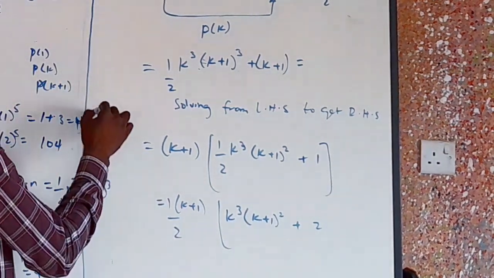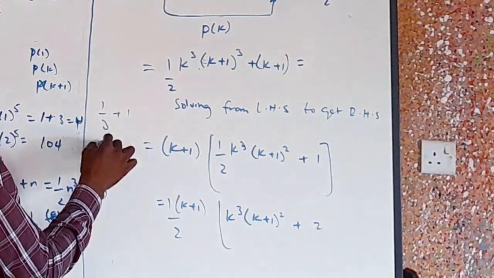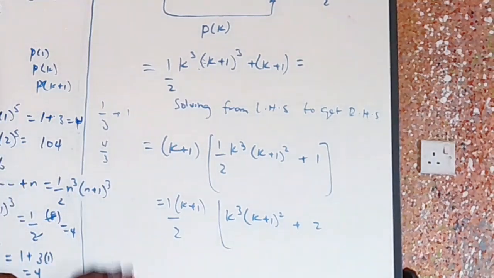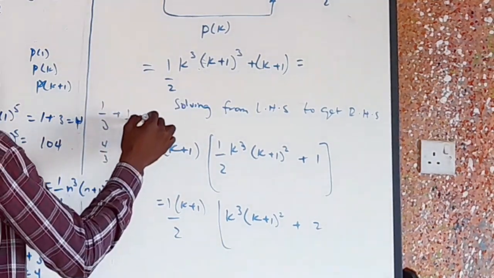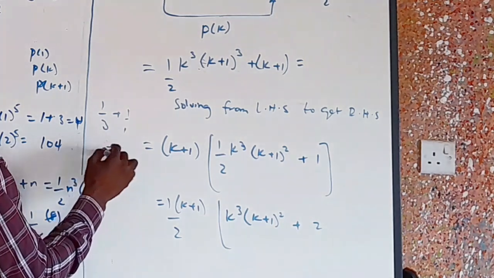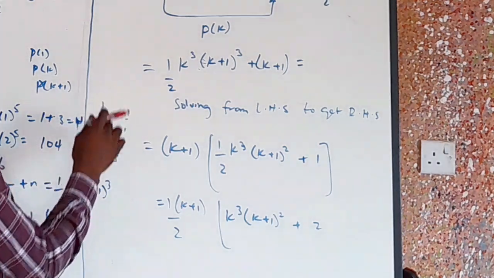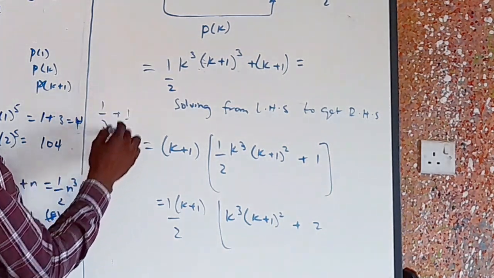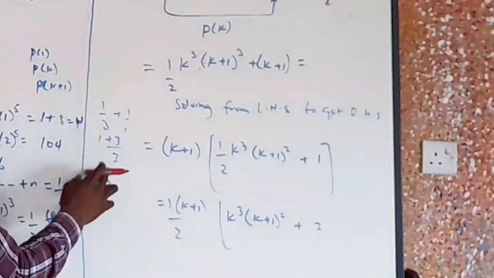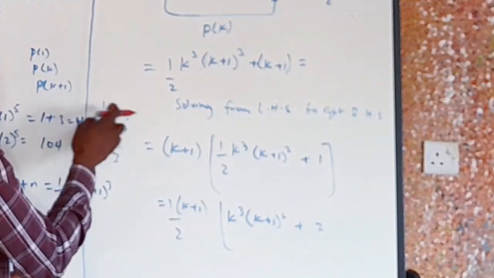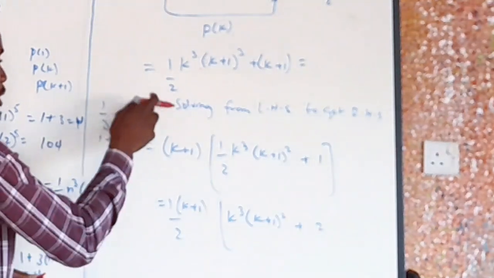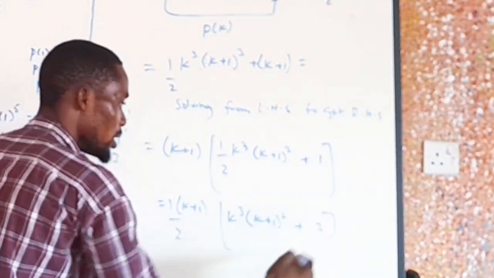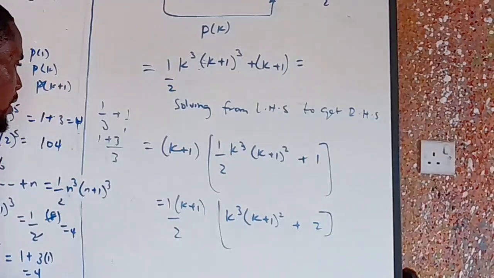Because if I said I have 1 over 3 plus 1, it's the same thing as 4 over 3. How do I get 4 over 3? Very simple. LCM over 1. This is 3, 1, 1. 3, 1. 1 plus 3 is 4. So if I pull out 1 over 3, it remains 1 plus 3. Because as though this is multiplying this. So from here, let's now expand and get our final answer.